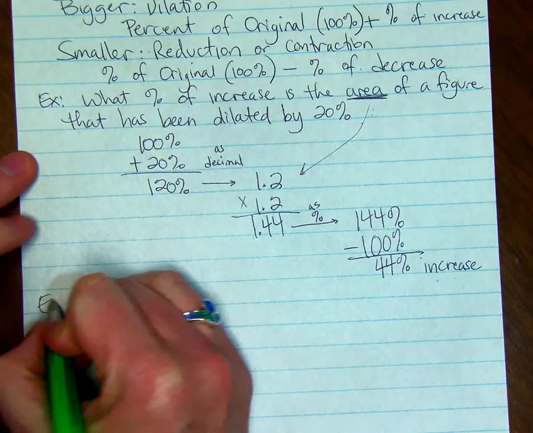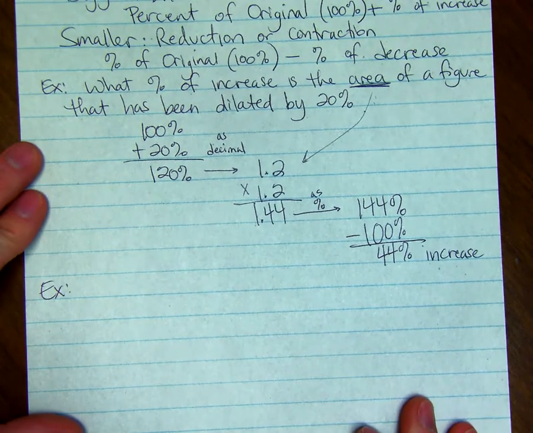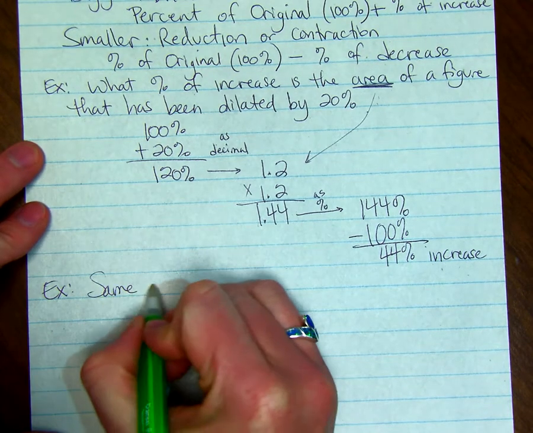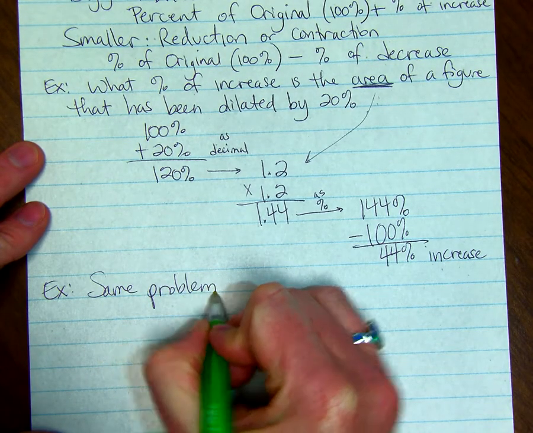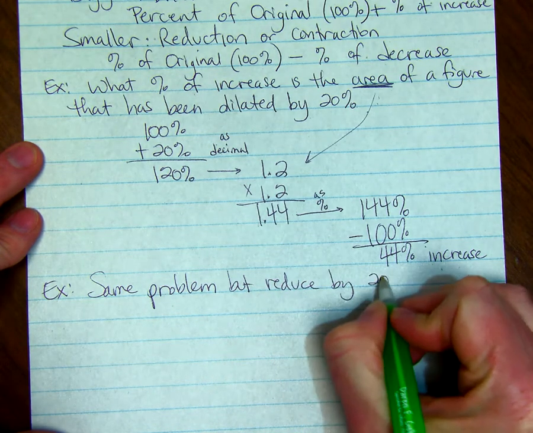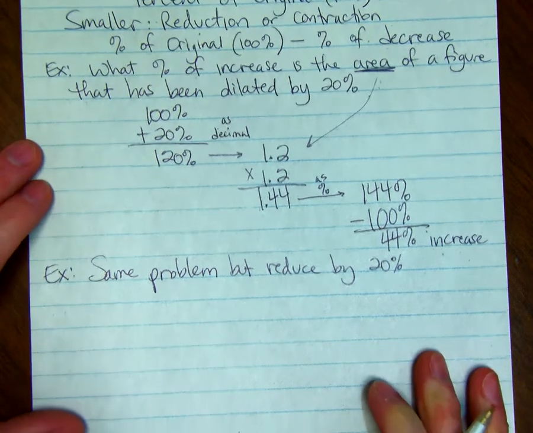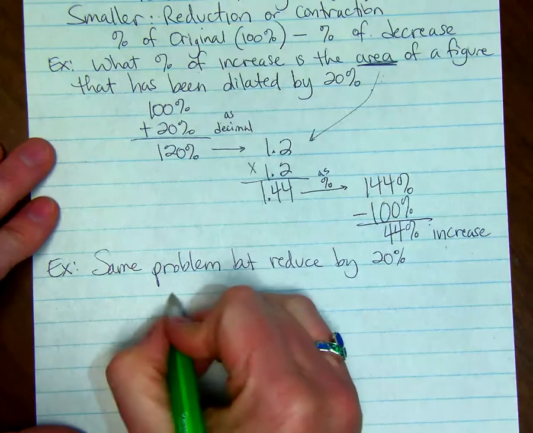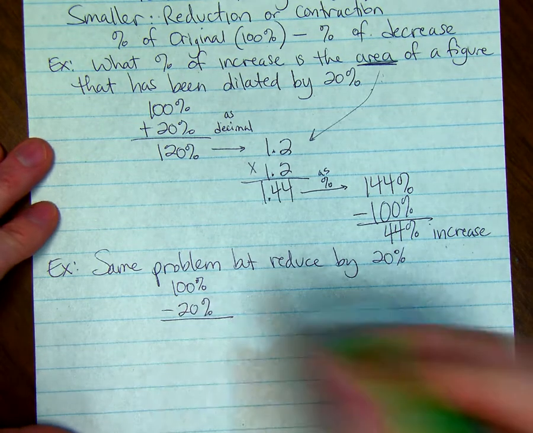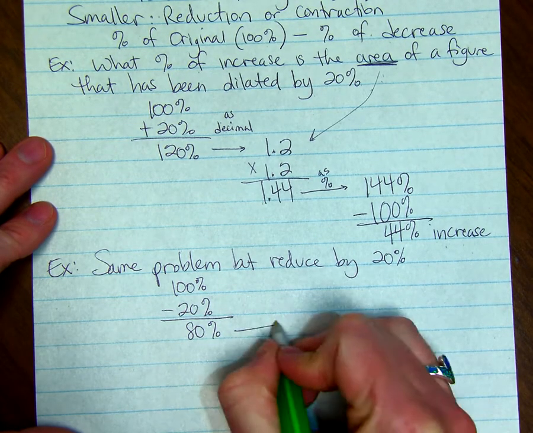Let's do the same problem, but reduce by 20% instead of making it bigger. So same problem, but reduce by 20%. So we're going to take our 100%, we're going to take away 20%, because when it reduced, we're taking it away. That's 80%.